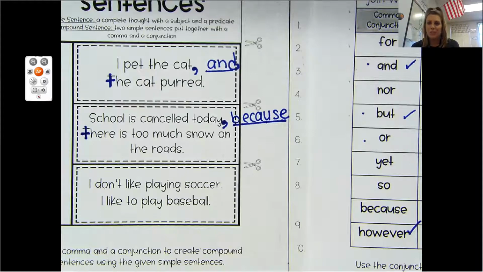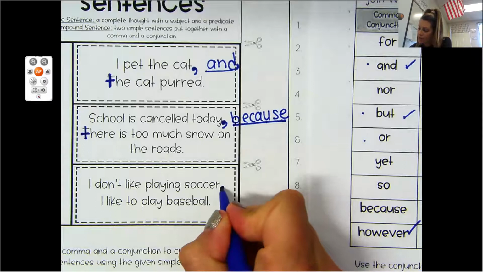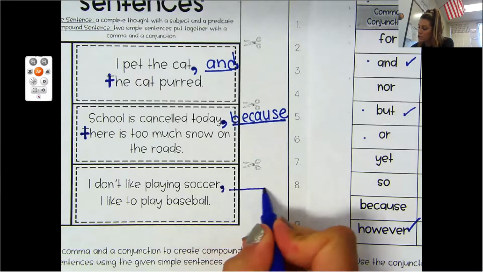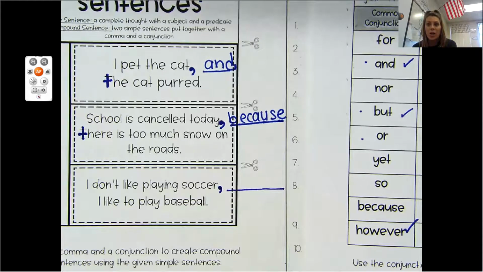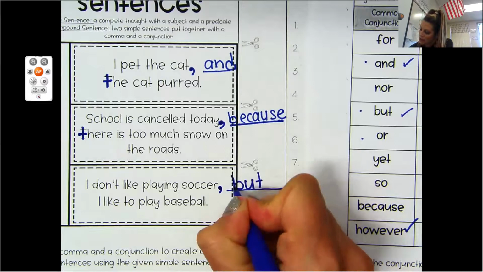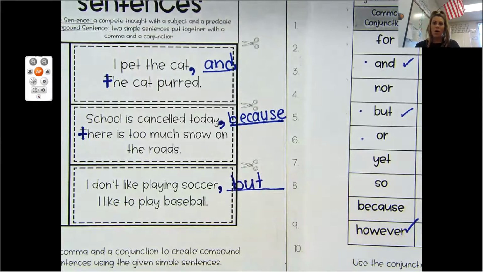All right, you should be finishing up making those two simple sentences into one compound. What's the first thing we have to do so that we can combine our sentences? We have to add that comma, right? We always add that comma after that first sentence. And then we've got to make sure we have our conjunction. What conjunction did you put in there? I don't like playing soccer, but I like to play baseball.